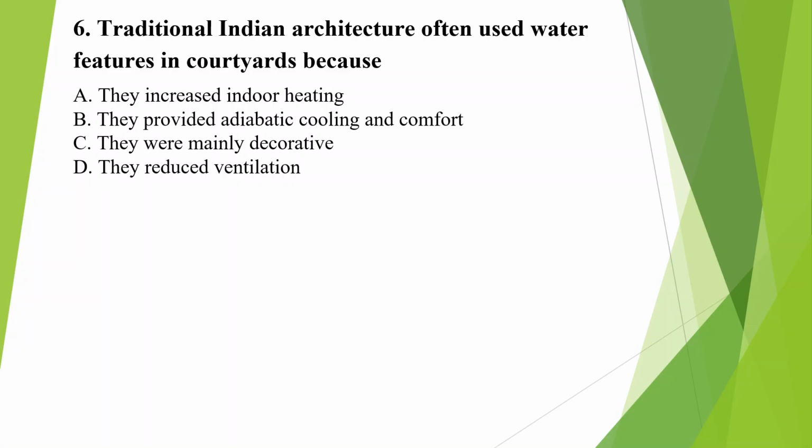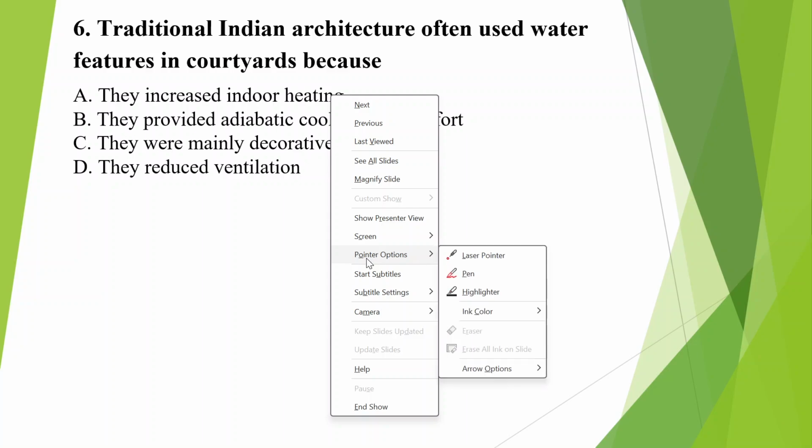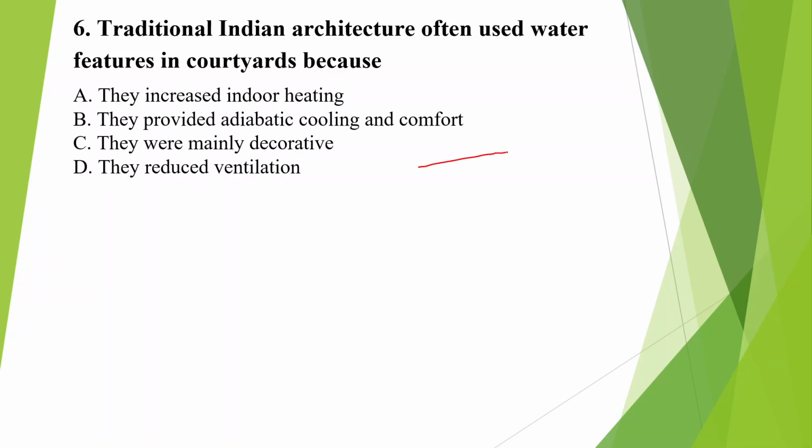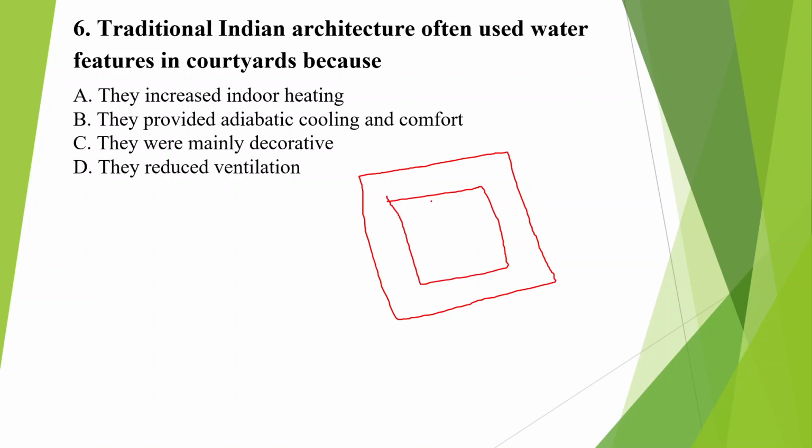Traditional Indian architecture often used water features in courtyards because... All these things you can understand or recall with the help of the various diagrams that have been shown to you during the lectures.